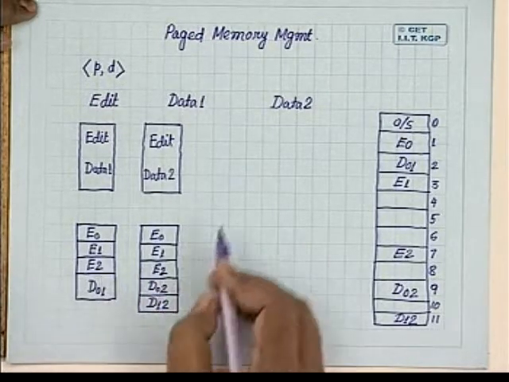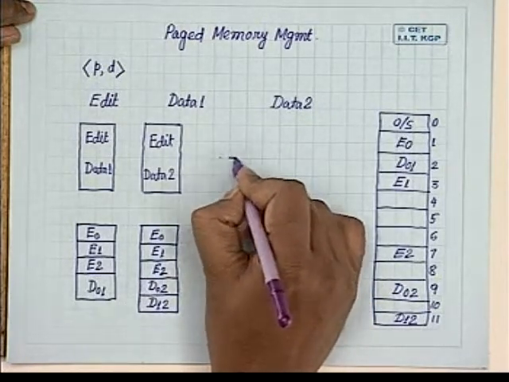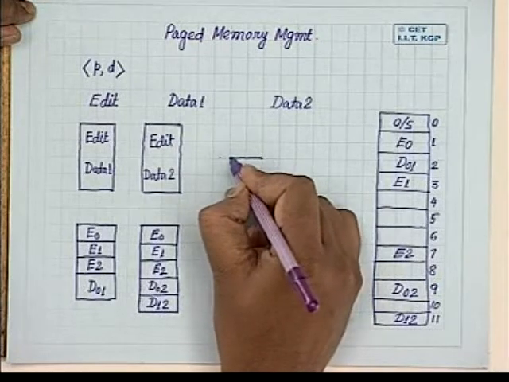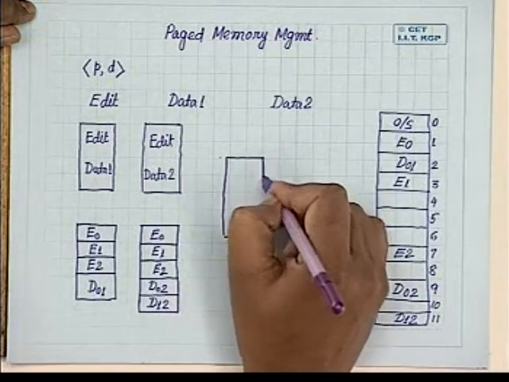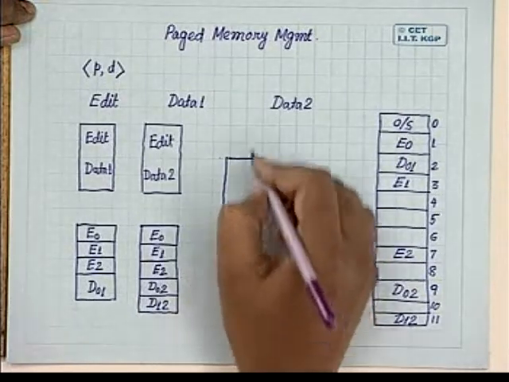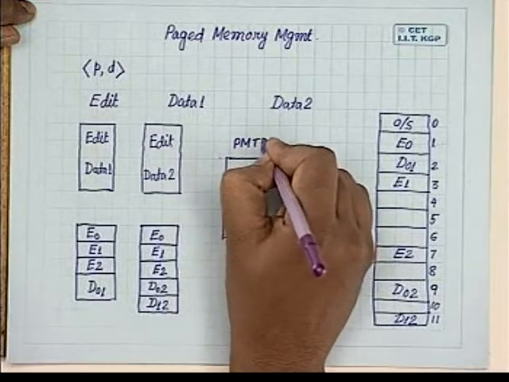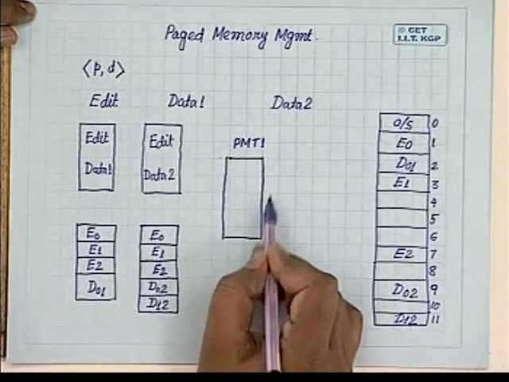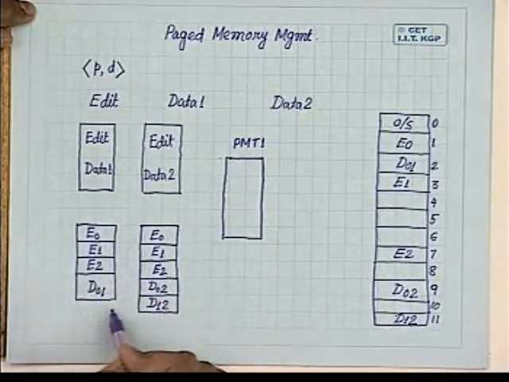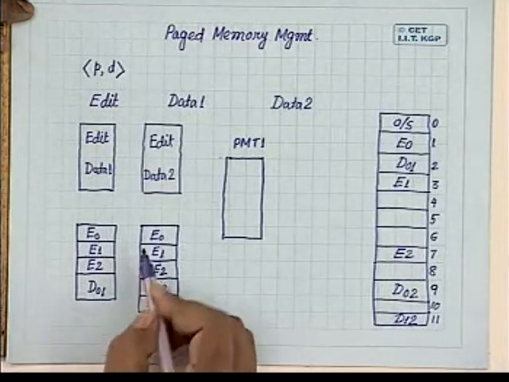Okay. So in this case, for page map table of user program 1, I call it PMT1, will be something like this. This is page map table 1 for user program 1. So for filling up this page map table of user program 1, what I have to say is what is the logical address space of user program 1.